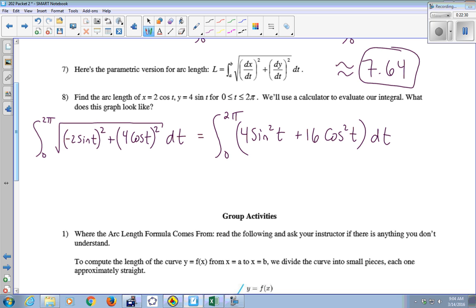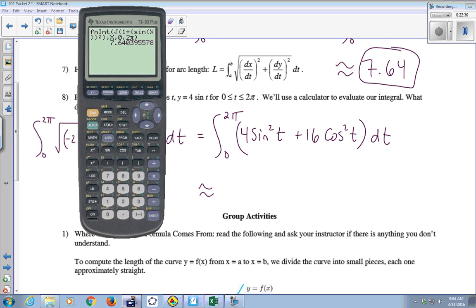dt. And again, I'm just going to have a calculator do this for me. The function integrator, and my function is 4 times sine of x squared plus 16 cosine of x squared.